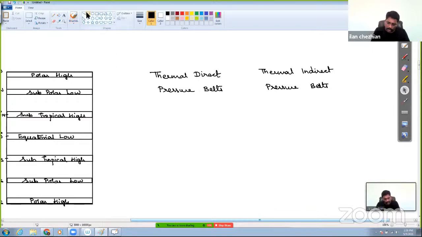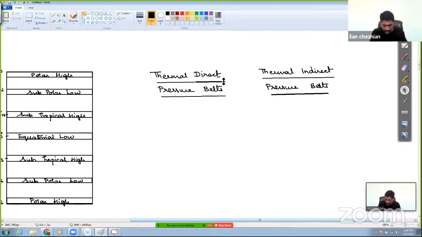Okay. So I talk about these thermal direct and thermal indirect pressure belts, my friend. This word, direct and indirect, is very important. So it is thermal direct and thermal indirect, very important words.